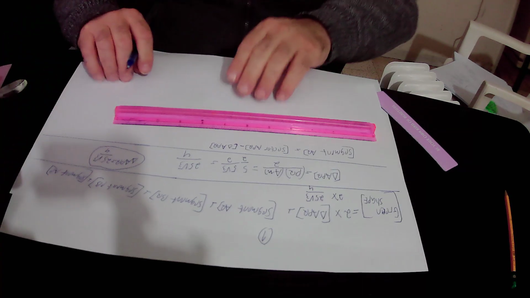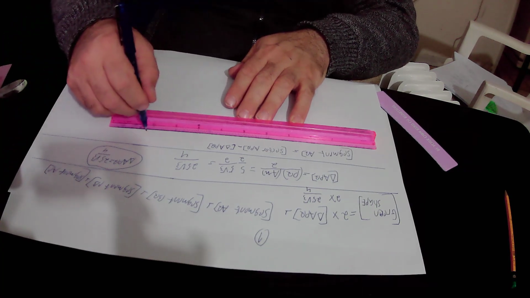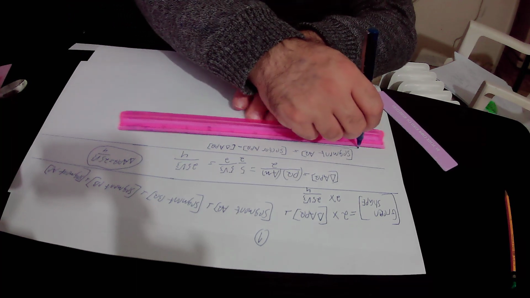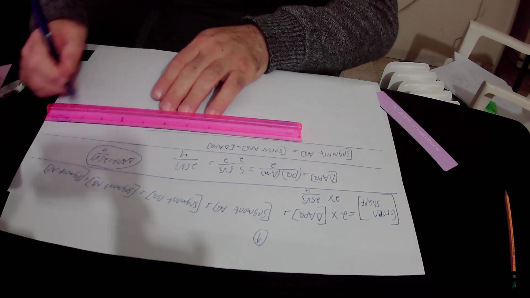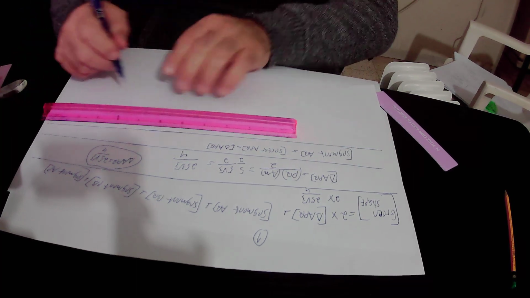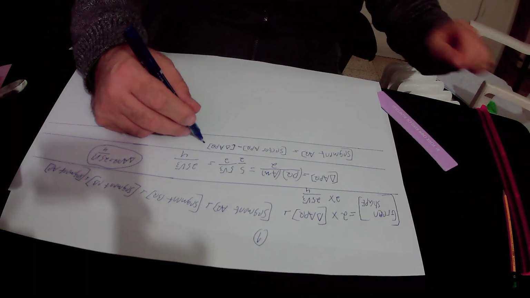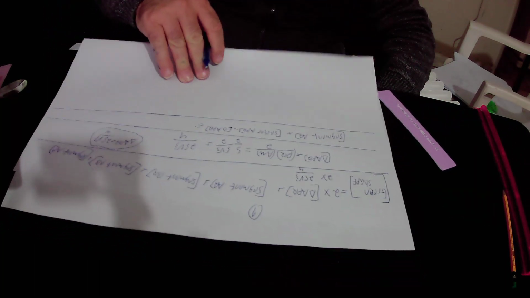So the area of segment AQ will be equal to the area of sector APQ.